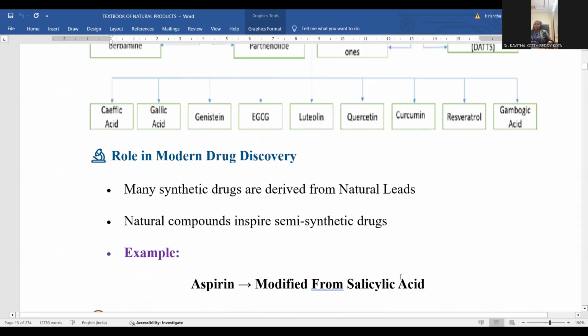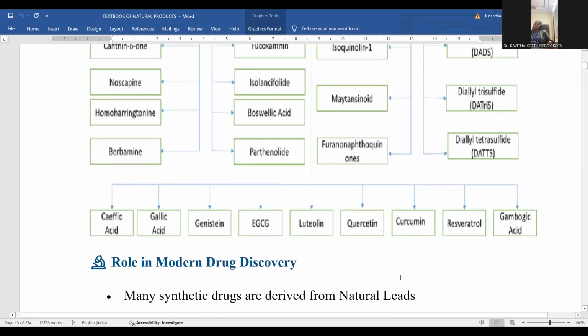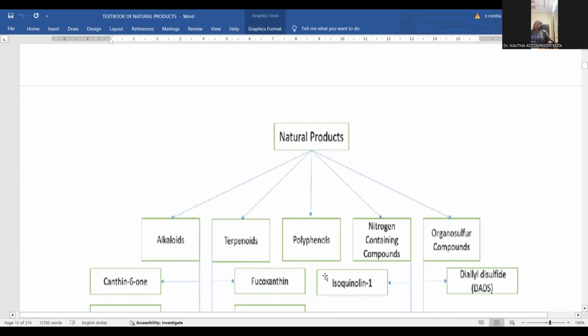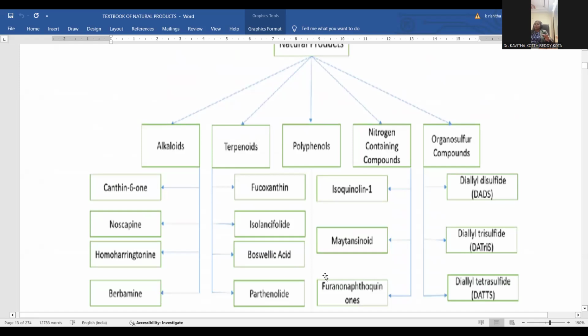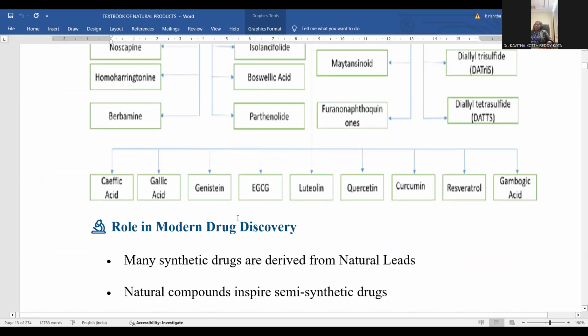Natural products are endless because from nature you can extract many more chemical components. That is the reason why the categorization is not limited to particular compounds. Among all kinds of natural products, we are considering the most widely applicable materials having chemical potential. So that is the categorization of natural products.